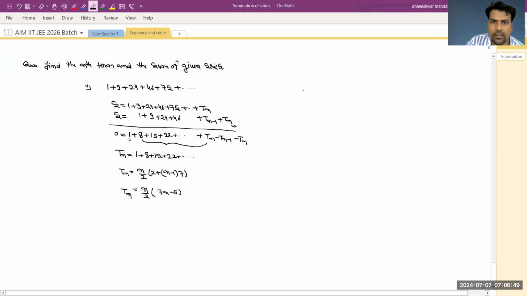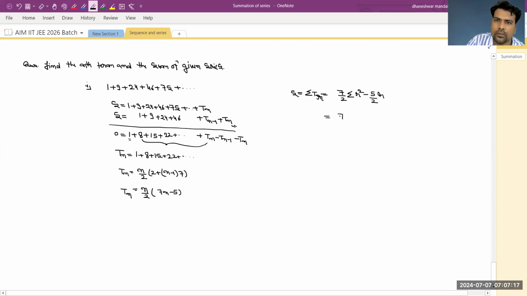If I know T of n, then I can easily calculate the summation. The summation is 7 by 2 times the summation of r square, if I write T of r, and here we have 5 by 2 times the summation of r.